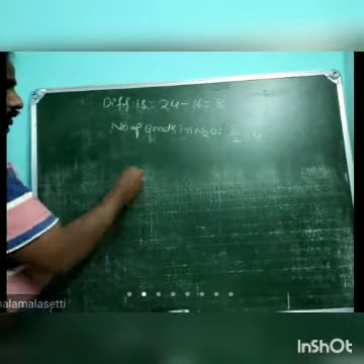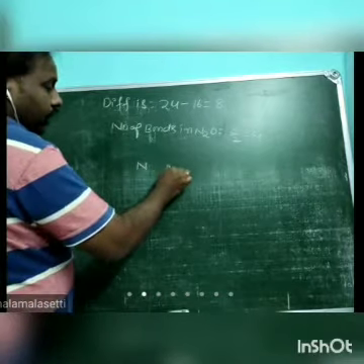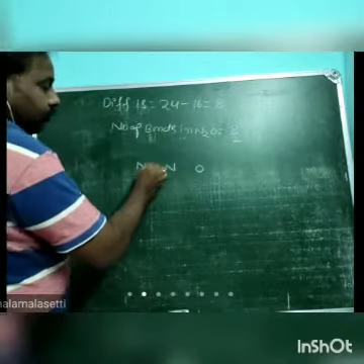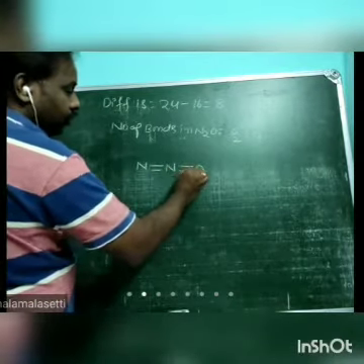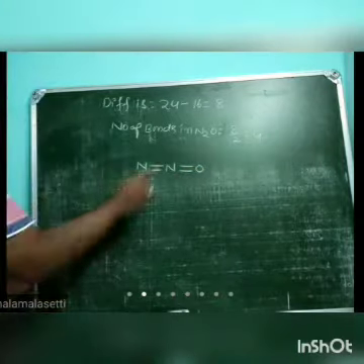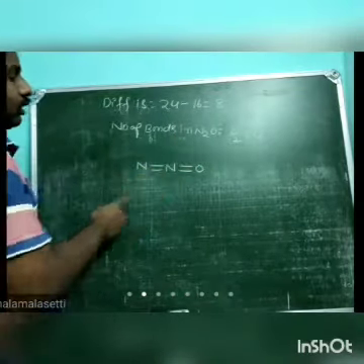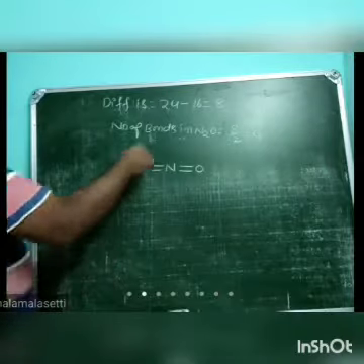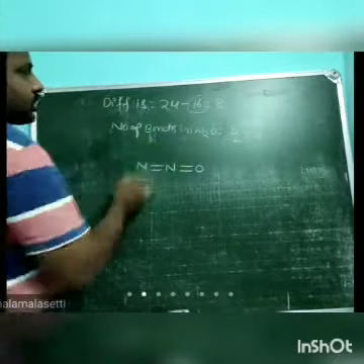Now put 4 bonds. The N2O structure will be like this: 2 bonds here, 2 bonds here. So 4 bonds are nothing but 8 electrons. The total number of valency electrons is 16.